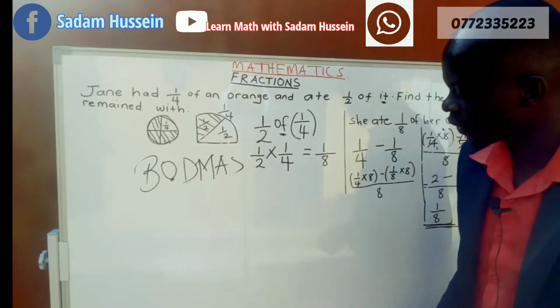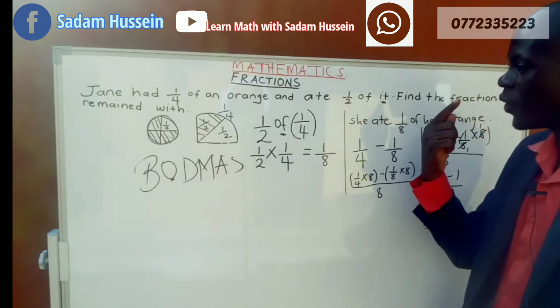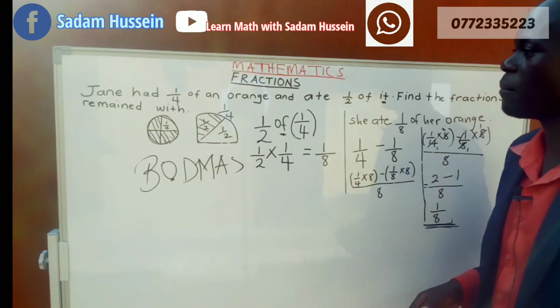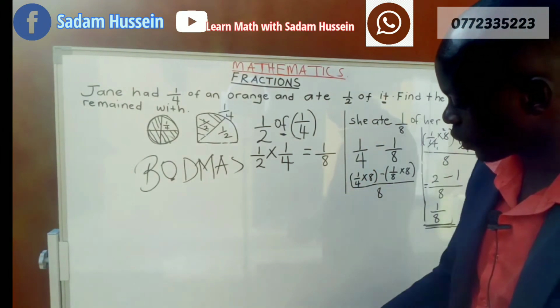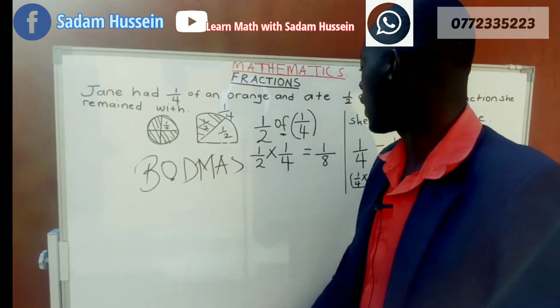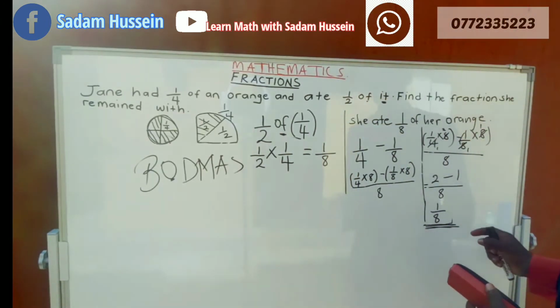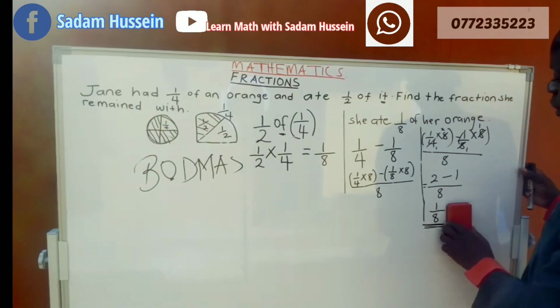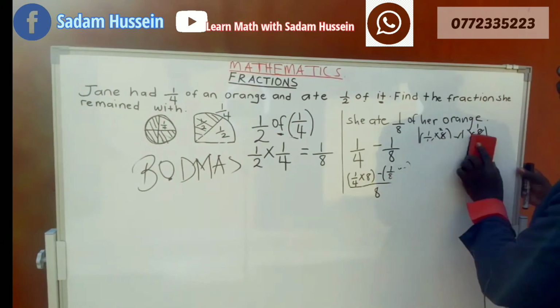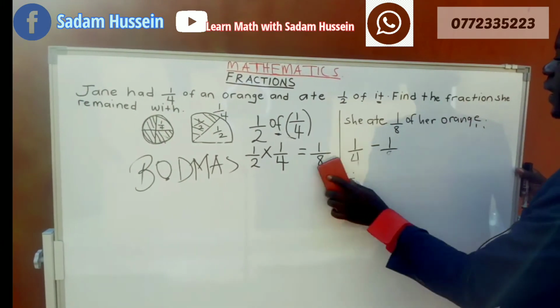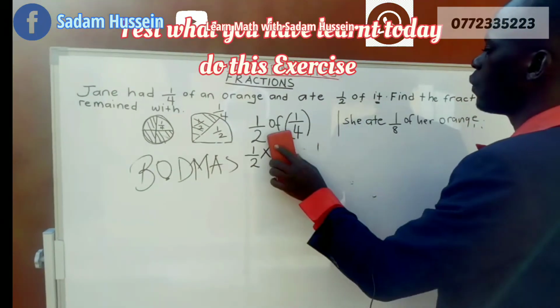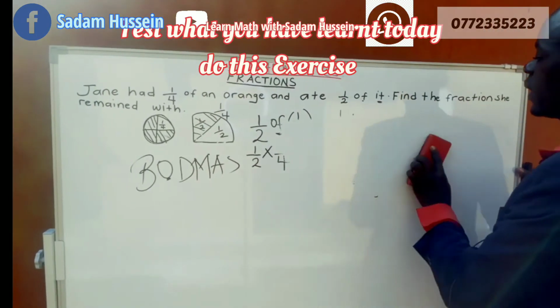So my exercise for this is only one number, and you can pick up your books and pens and write this exercise down. Remember, she remained with an eighth of what she had. So I want you to put this exercise down, following what we have just done.